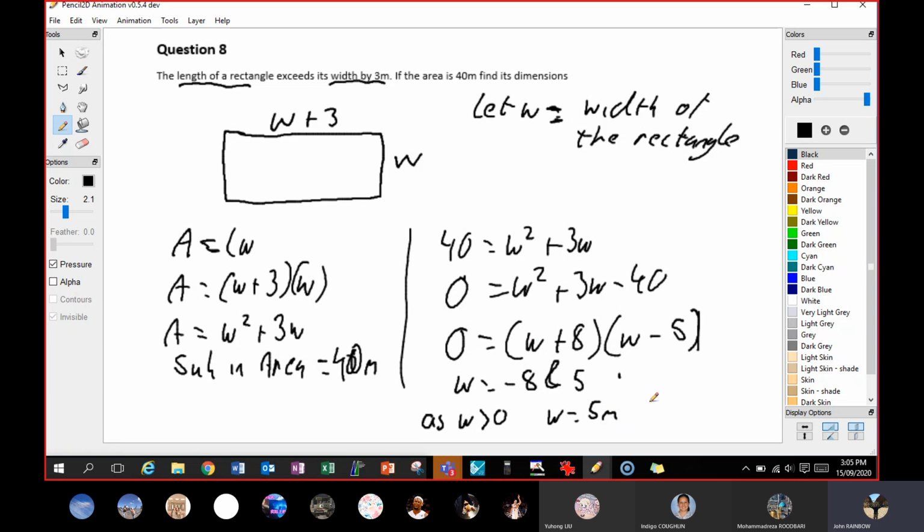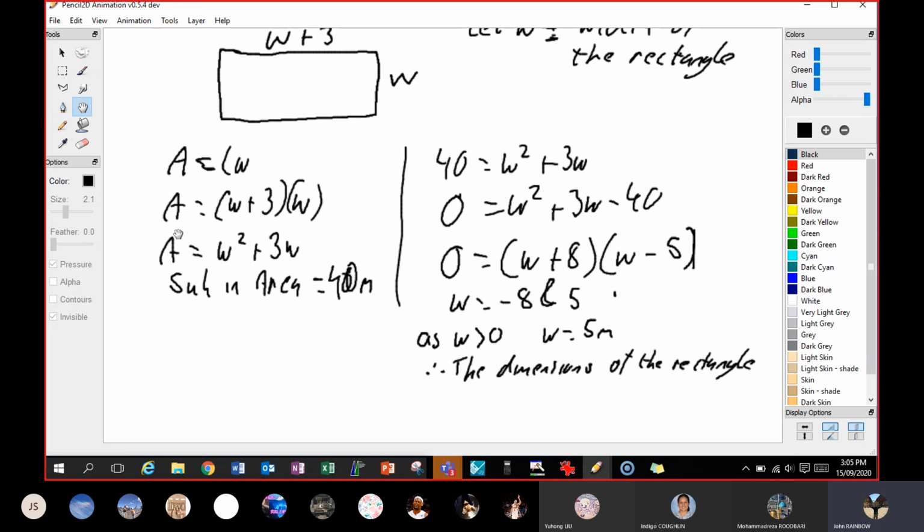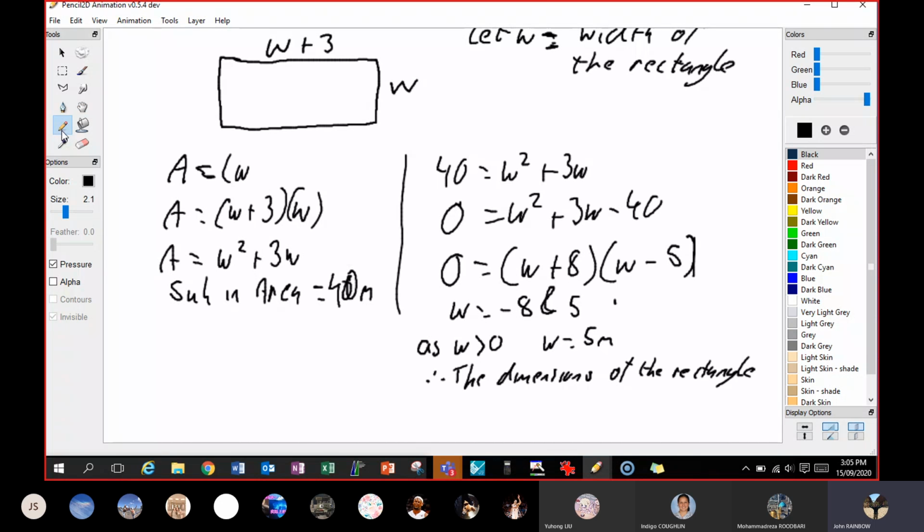So you need to actually reread the question and answer it. That's a big tip for you guys. Make sure you answer it at the very end. So therefore, the dimensions of the rectangle, we know that this is W, which is 5, plus 3, so that's 8.